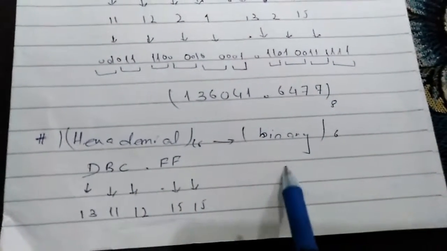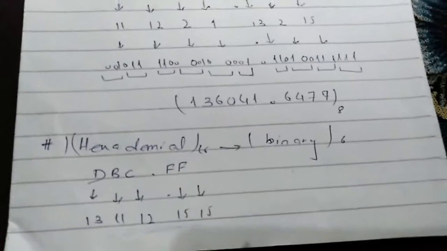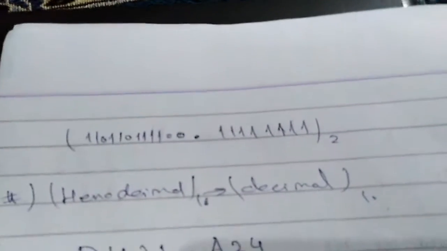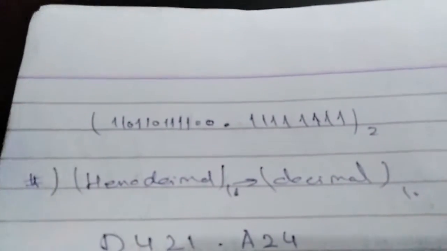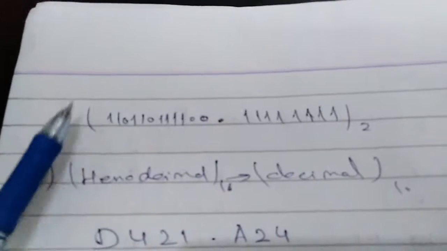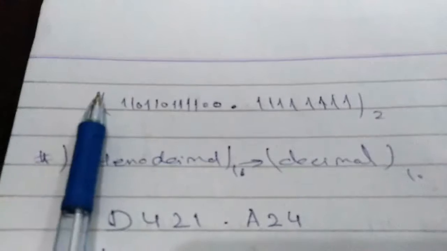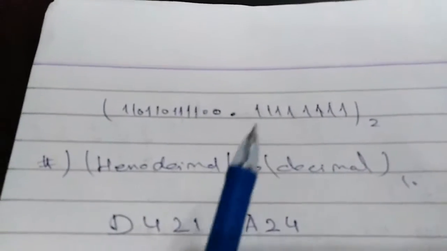Now we convert it into binary, as we converted decimal to binary. So hexadecimal is not directly converted into binary. Hexadecimal is first converted into decimal, then into binary. We have studied decimal to binary earlier. It's very simple, and the answer will be that.